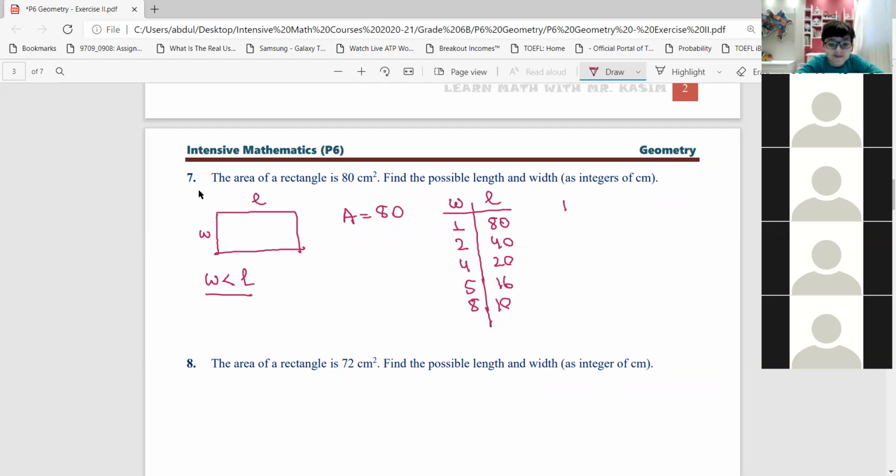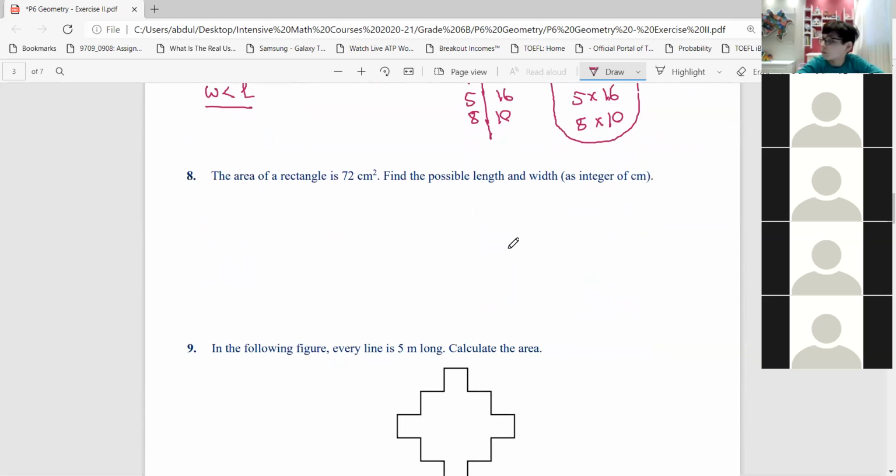So the possible answer is 1 times 80, or 2 times 40, or 4 times 20, or 5 times 16, or 8 times 10, right? These are the possible length and width of this rectangle. All are positive integers. It means whole numbers.